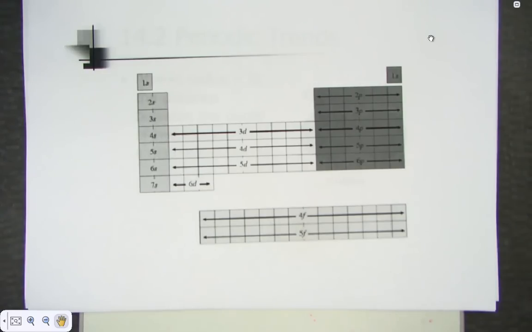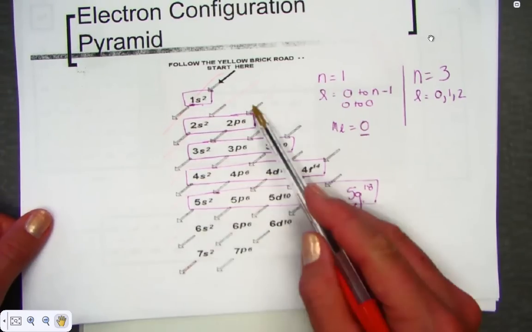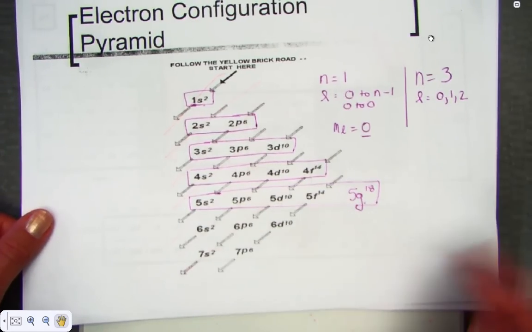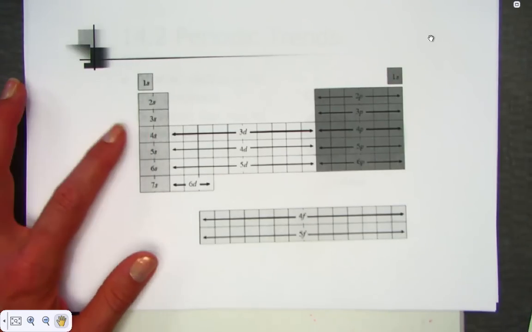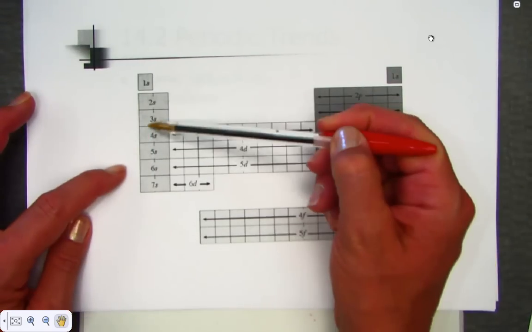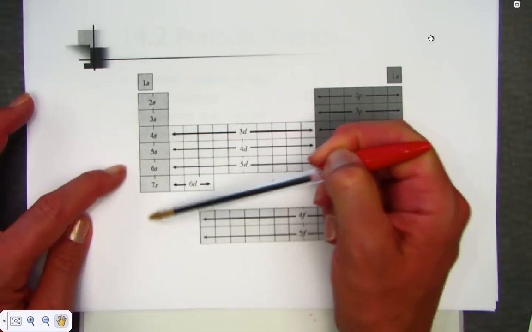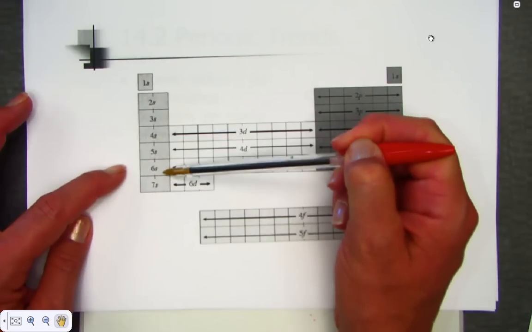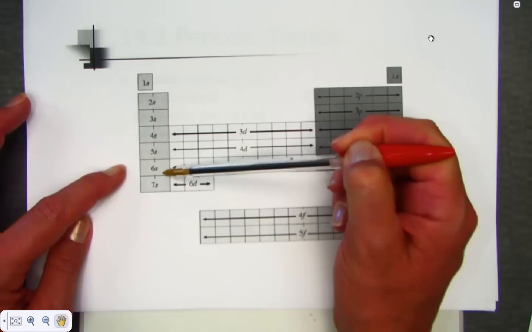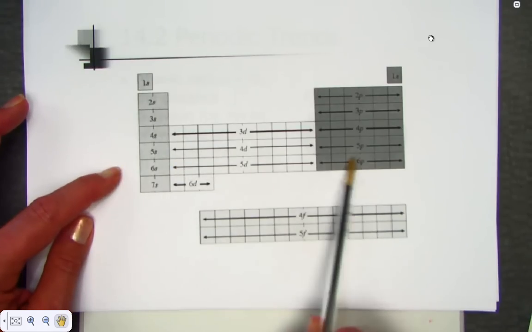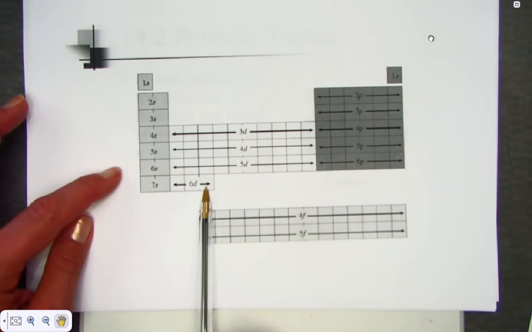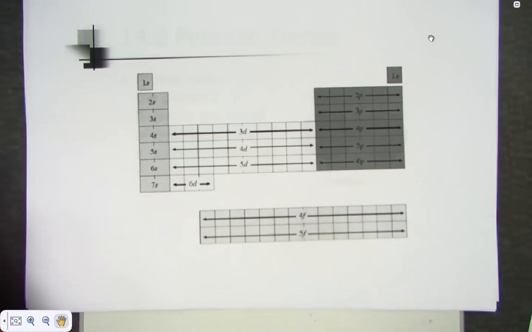I want us to move away, best we can, and it just comes with practice, from needing this pyramid and start thinking of the periodic table in terms of trends. Elements that lie in the same column have the same number of valence electrons, the same number of electrons in their outermost energy level. Elements in the same row contain the same number of energy levels, n, the principal quantum number n.